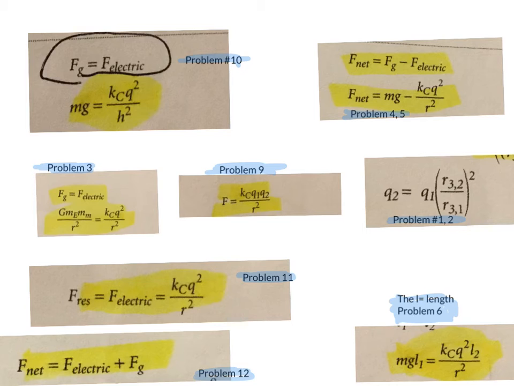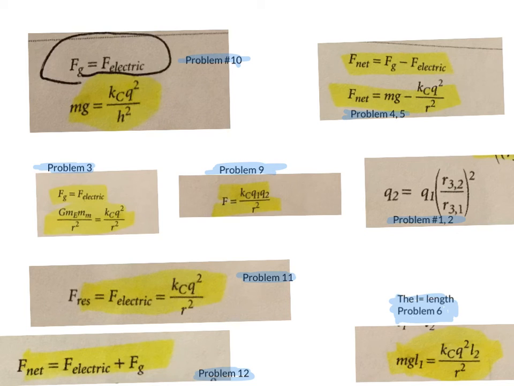Okay, when we get to 4 and 5, we're going to come up here. Our net force equals our force of gravity minus our force of electricity. But what I want you to notice on these is sometimes we have to sub in. So our formula for force of gravity is mass times gravity, the 9.81. And then our force of electricity, we've got that in here, and we've gone over what that was.